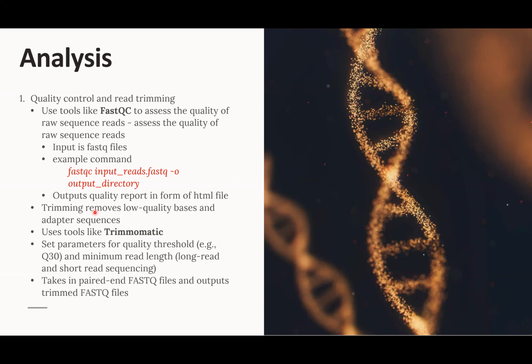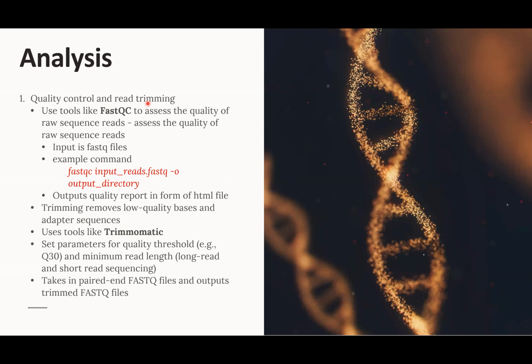And then this tool or program takes in paired FASTQ files, and then it will output for you trimmed FASTQ files. And then after that, if you're feeling confident with your reads, with your sequences, you can progress to your next step.